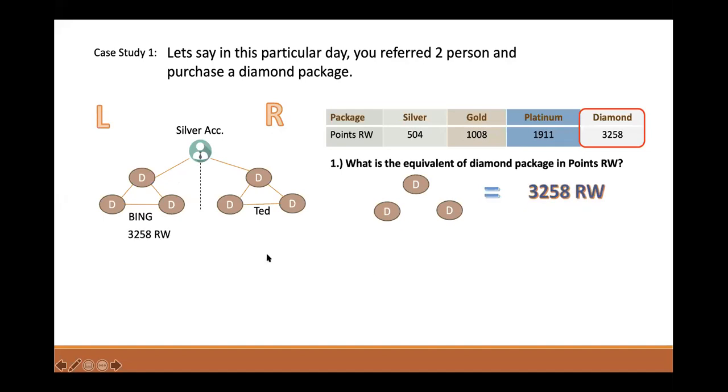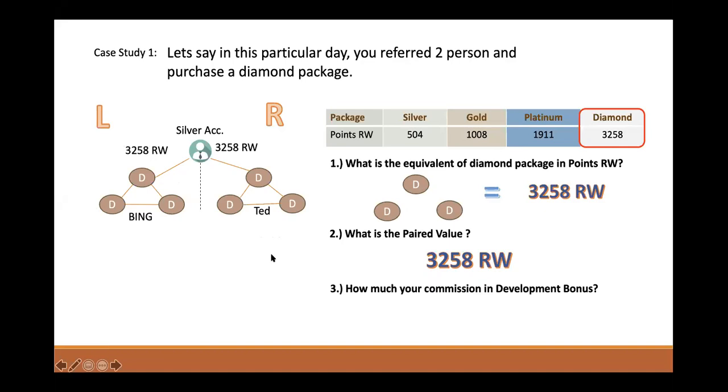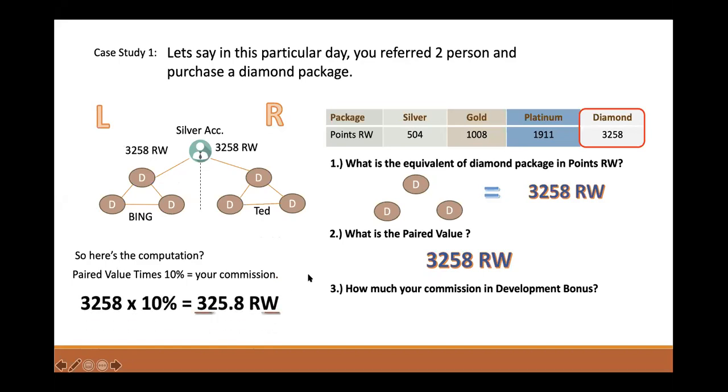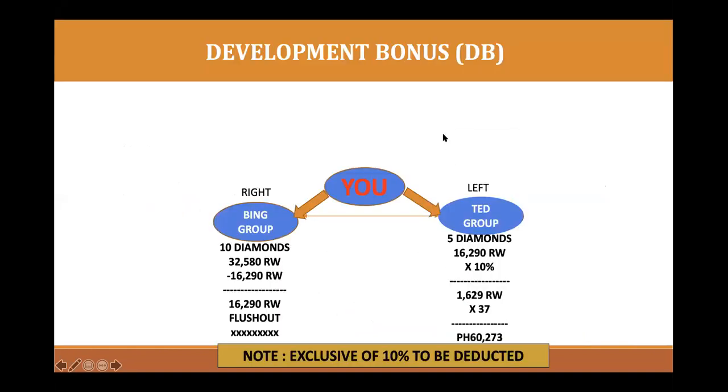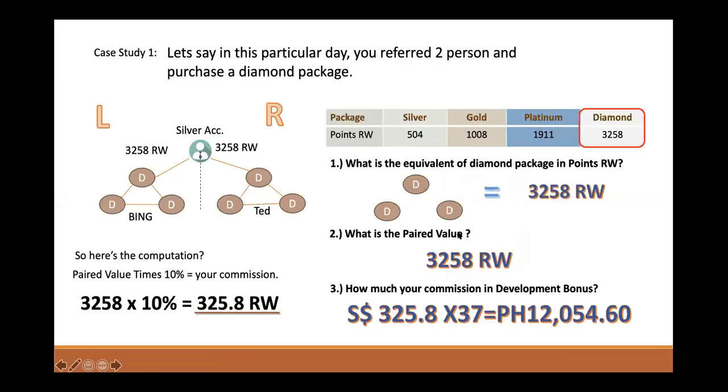So Bing side is 3258. Ted side is 3258. All right. What is the paired value? 3258. How much commission in development bonus? So this is the income. All right. Is it clear to you right now? The pairing bonus is always 10%.